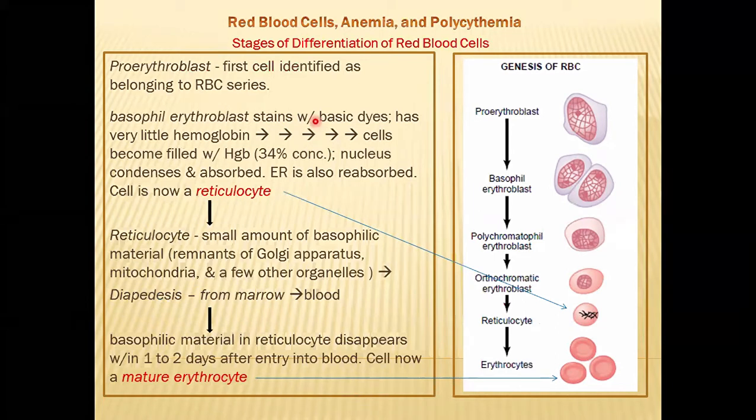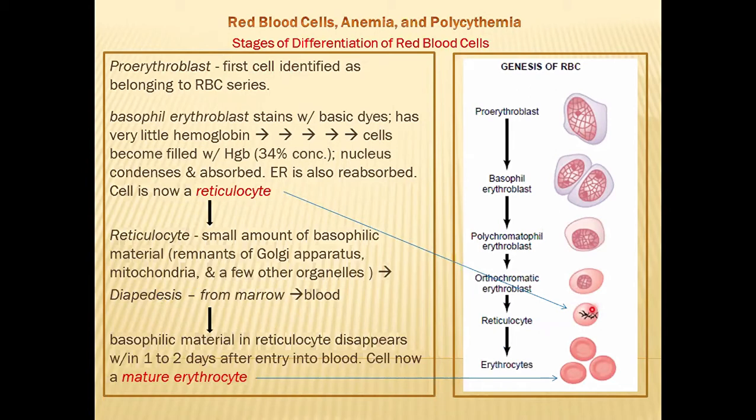And then what happens? The nucleus condenses. So if you look at this, the pro-erythroblast has a big nucleus, and then as it differentiates further, the nucleus gets smaller, and then ultimately it disappears. Okay, so it condenses and is absorbed, and the endoplasmic reticulum in the cell is reabsorbed, and then it is now called a reticulocyte.